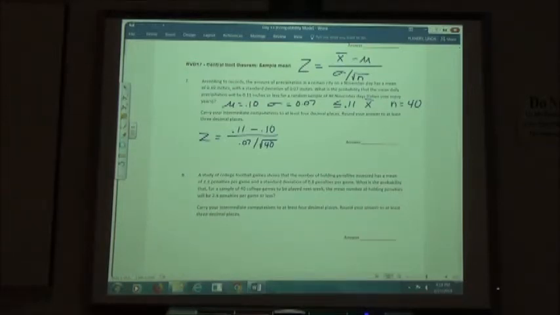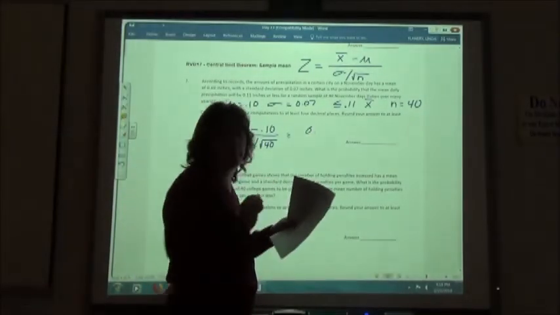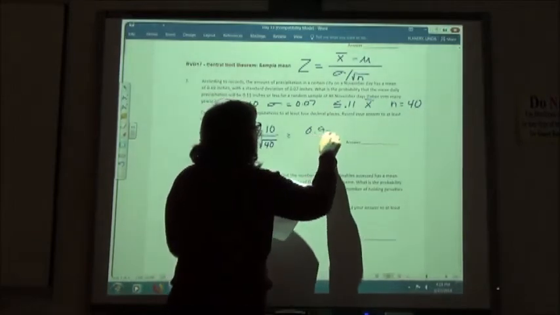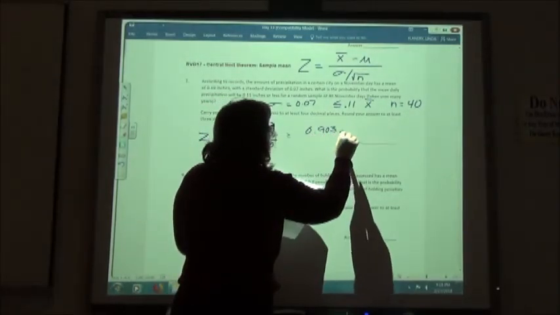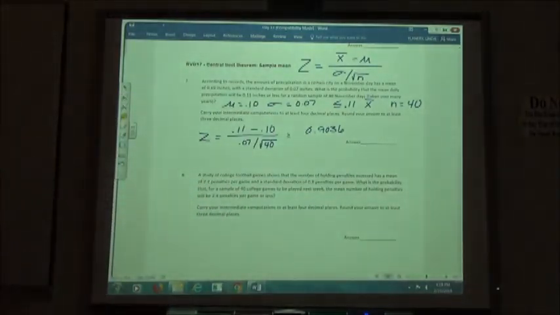Okay, so that number there, to 4 decimal places, is 0.9036. I didn't write that far. I put dot, dot, dot.